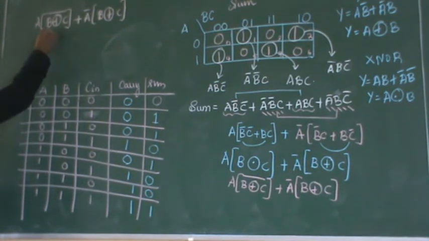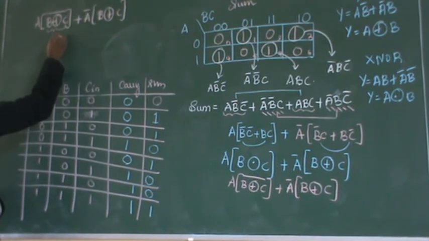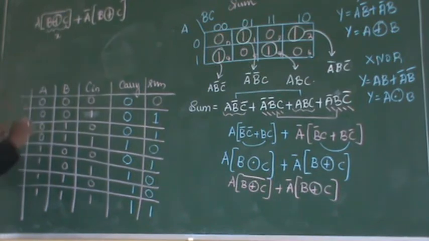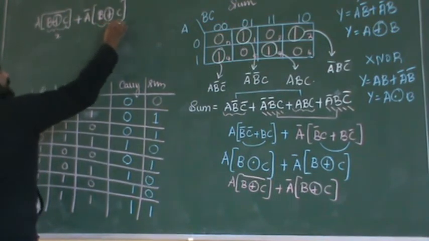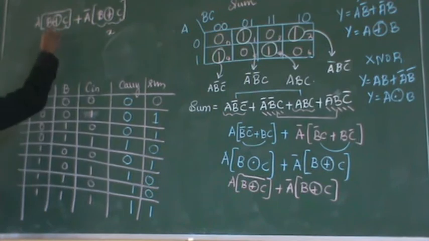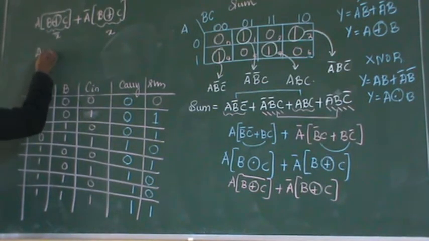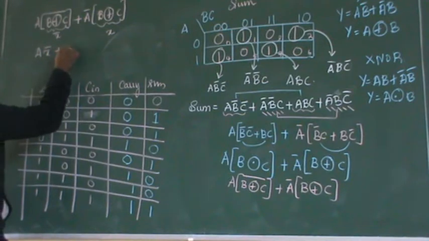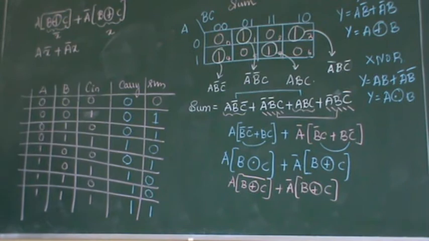So now let me take this as X. If I take this as X, obviously this will become X bar, right? So now my expression is A into X bar plus A bar into X. So this is what my expression has arrived for sum.